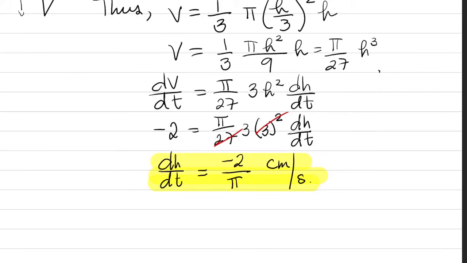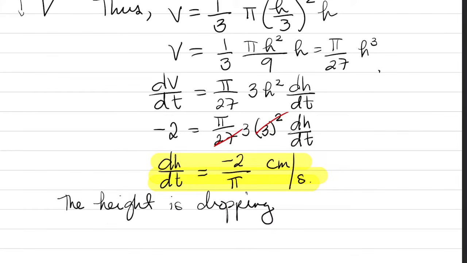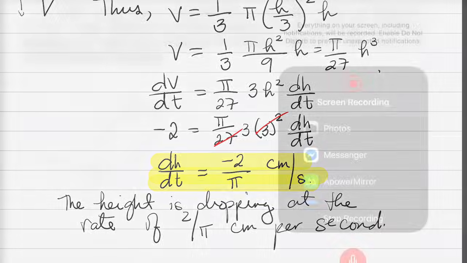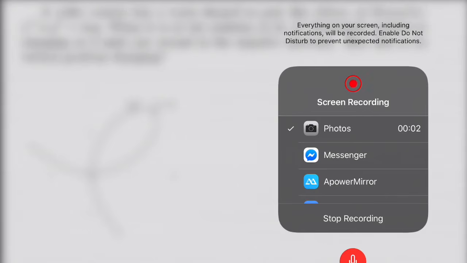So, that means that the height is dropping at the rate of 2 over pi centimeters per second. Okay. All right.